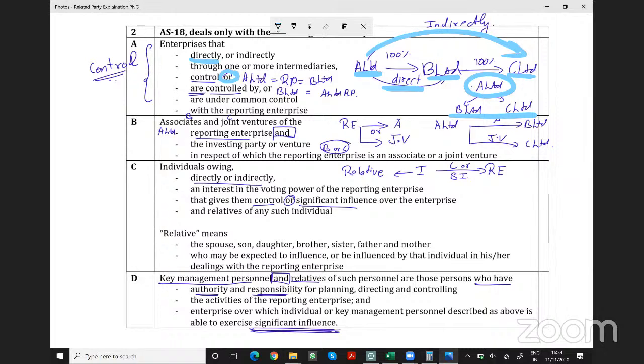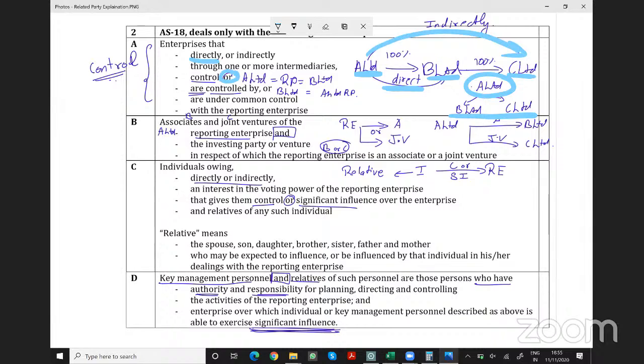Or controlled by means C is controlled by B, B is controlled by A, and C is controlled by A indirectly. So in this case, in case of C, B and A both will be the related parties. B and C both will be the related parties. Are under common control of A with the reporting enterprise.